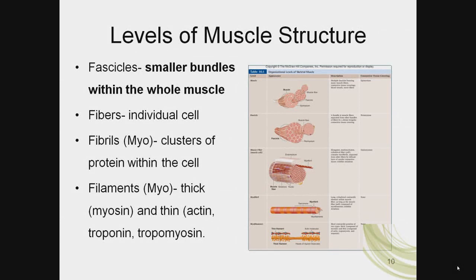And those arrangements of smaller proteins, the actual proteins, are called myofilaments. And this is where we have discussion of thin filaments versus thick. Thick filaments are made of myosin, and thin filaments are a trifecta of 3 different proteins: actin, troponin, and tropomyosin.